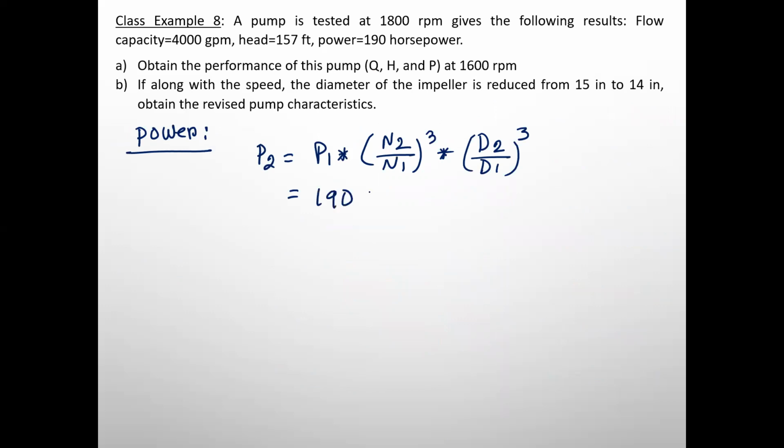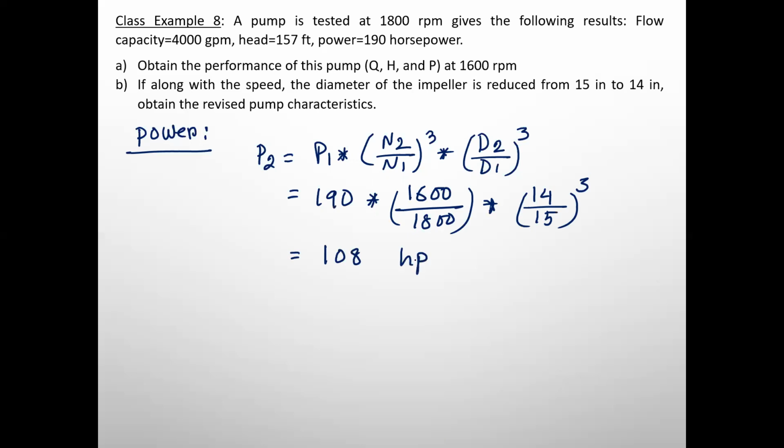P1 is 190, 1600 over 1800, 14 over 15 cubed, and finally we are getting 108 horsepower. Previously it was 133. Okay, so that's it for geometrically similar pumps and alterations in the same pump class examples. Thank you.